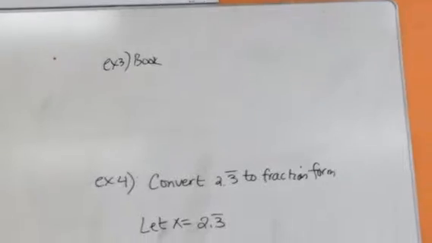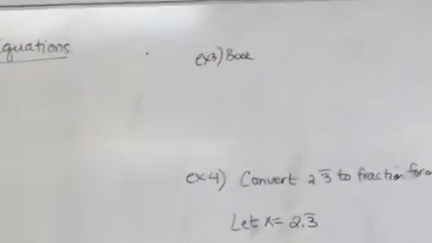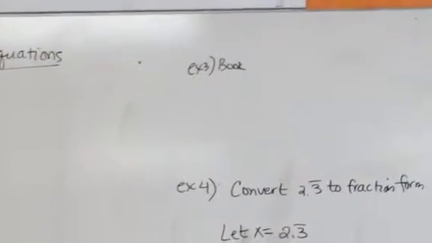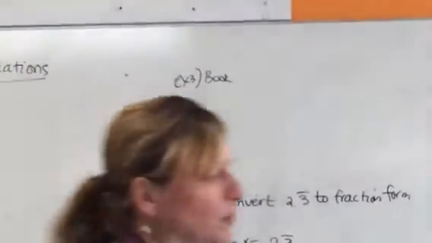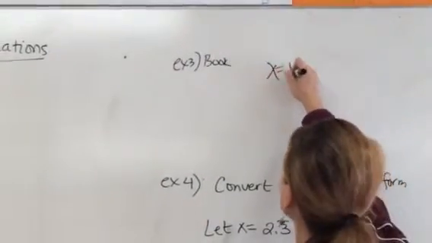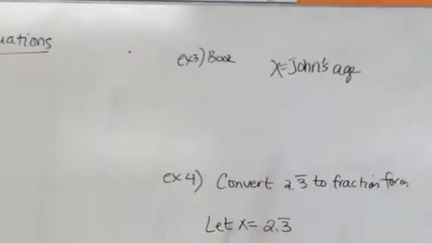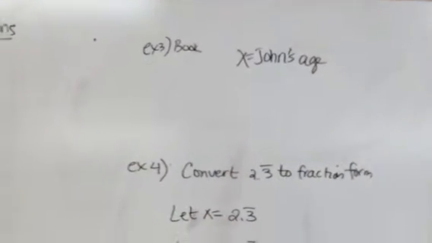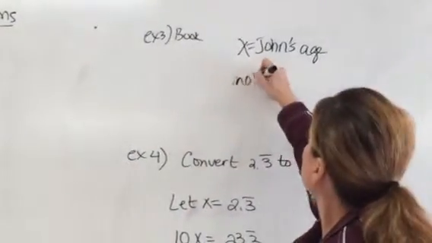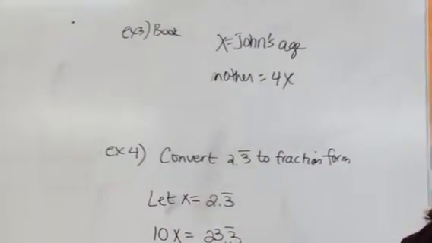John's mother is 4 times as old as John, and John's brother is twice as old as John. If you find the sum of their ages and add 3, you get 80. What is the age of all 3 people? Okay, so let's let x be John's age. It says John's mother is 4 times as old as John, so she would be 4x.